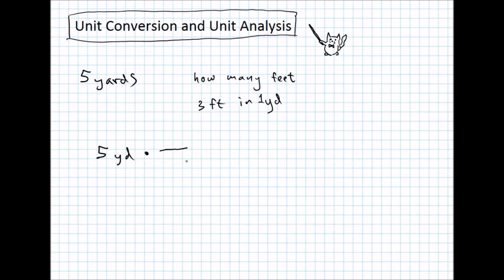We can make that conversion factor if we know how many feet there are in a yard. We need to put yard on the bottom and feet on the top of this fraction, because that will allow us to cancel out the yards. There are 3 feet in 1 yard. After I cancel out the yards, I'm left with 15 feet.